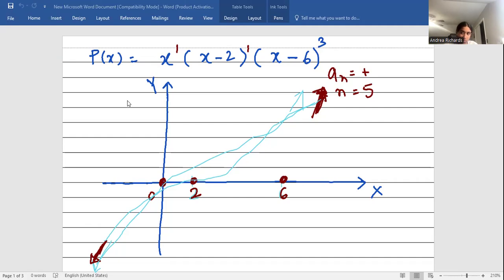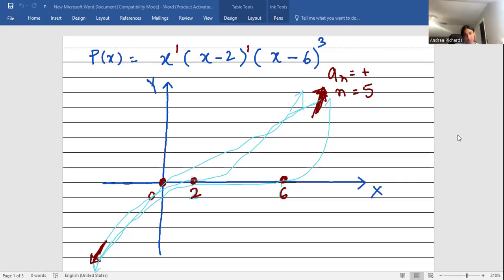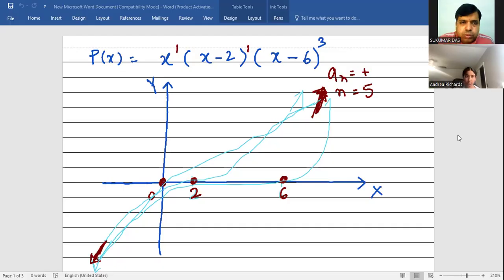Yes, you can draw it there. Done? Yes. Okay. So here we can see this one.